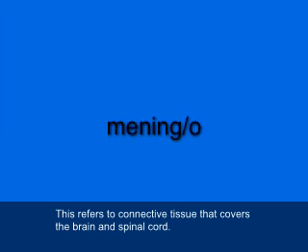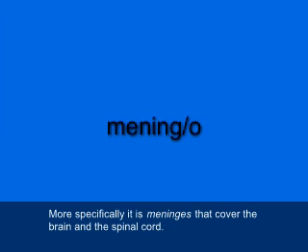The next new one we have is a word part, meningo, M-E-N-I-N-G/O. This refers to connective tissue that covers the brain and the spinal cord. More specifically, it's the meninges that cover the brain and spinal cord.